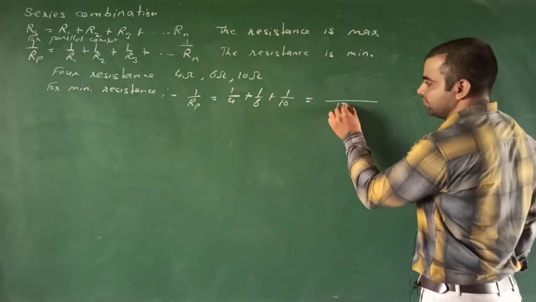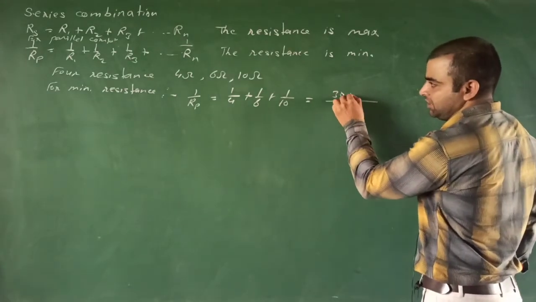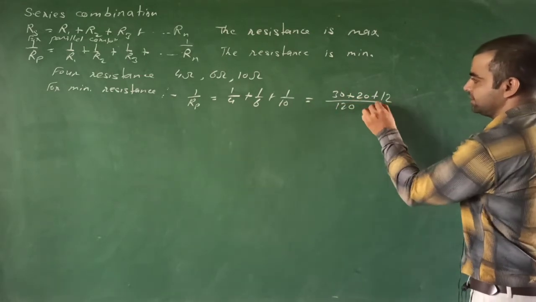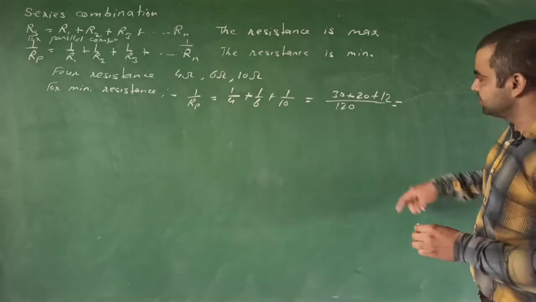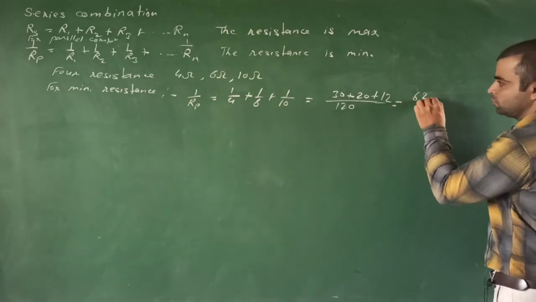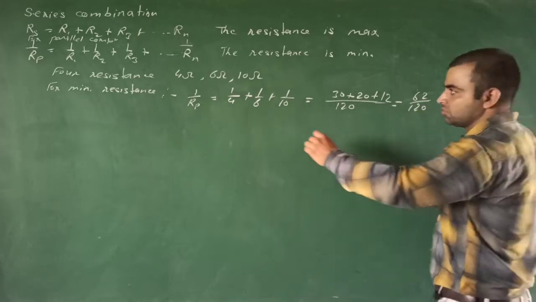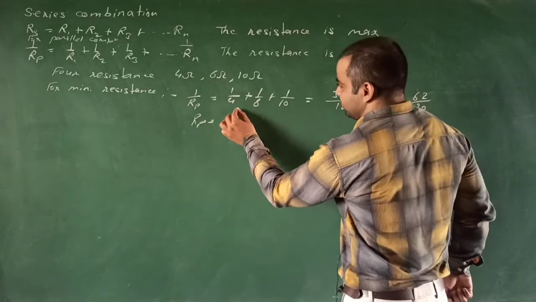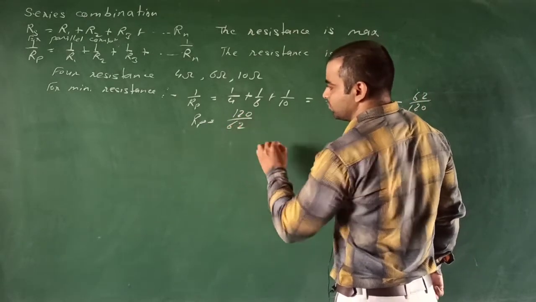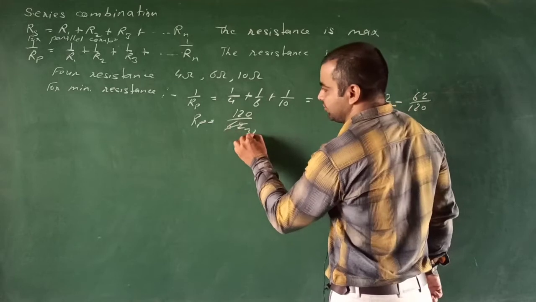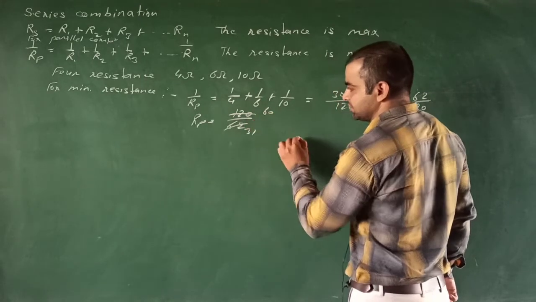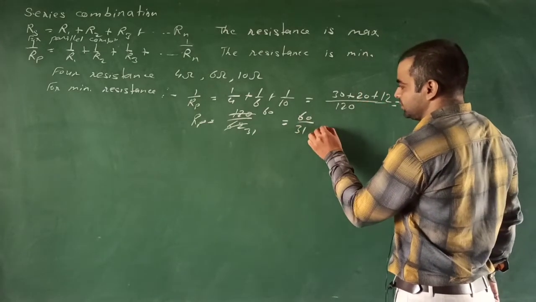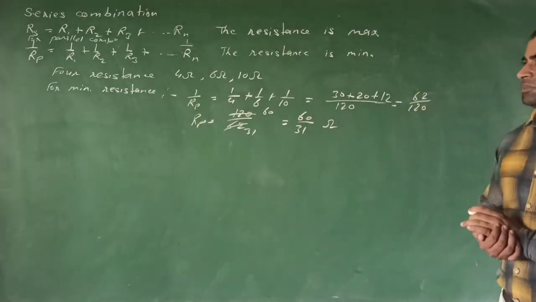Taking the LCM 120, this will be 30 plus 20 plus 12, which is 62 by 120. So Rp will be 120 by 62, cut it, 31 by 60. It is the resistance in parallel combination.